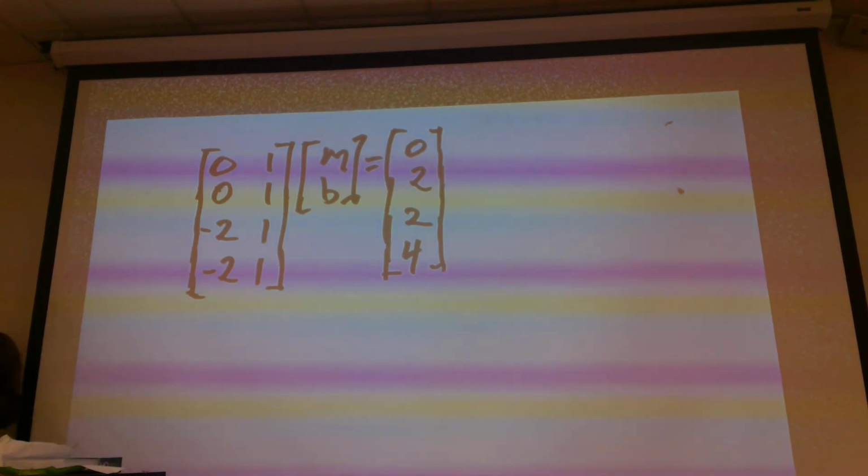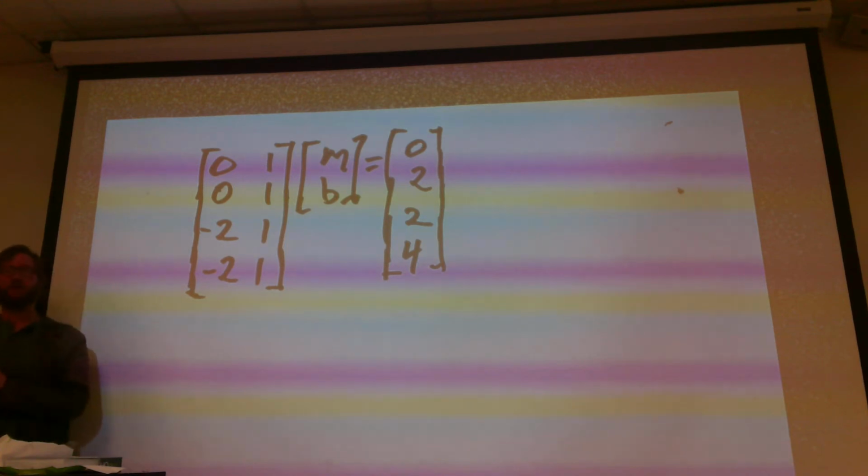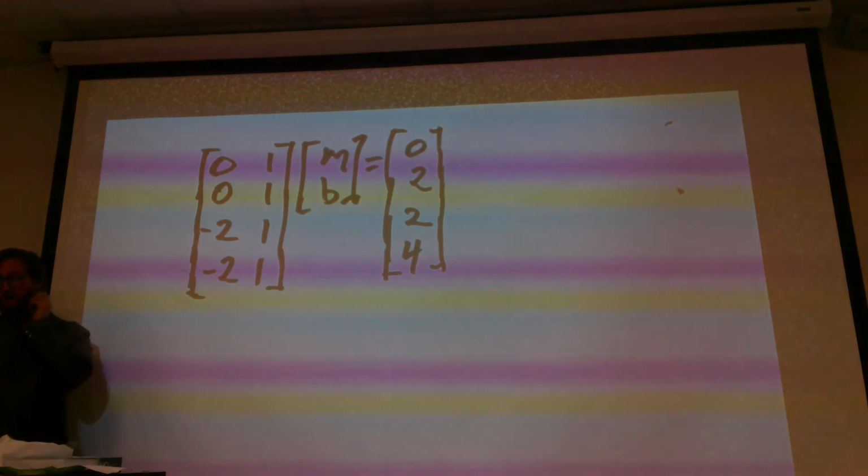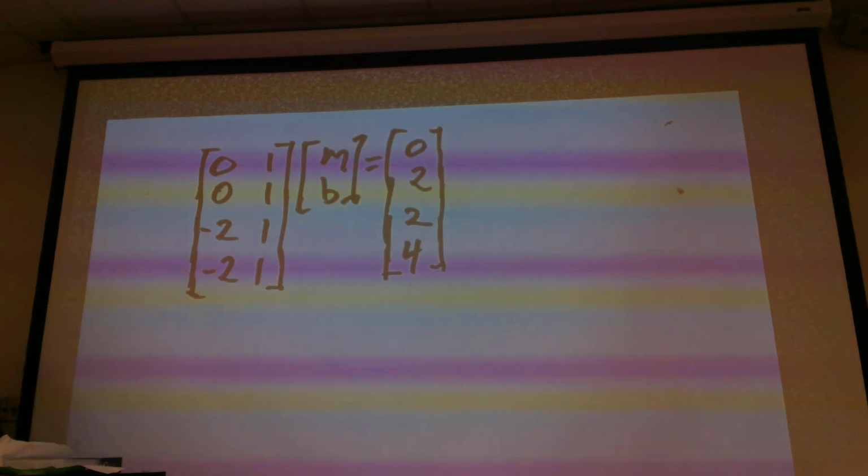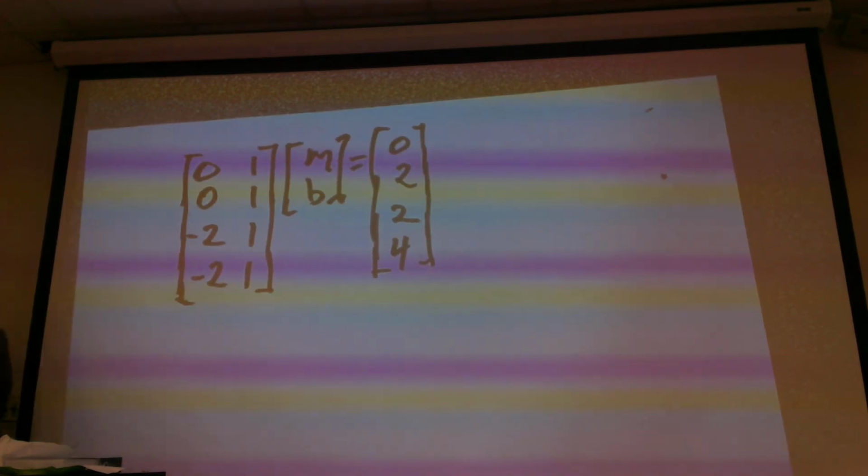So the question becomes, how do we solve this system for m and b? I mean, it seems like there wouldn't really be an answer. Well, we have the trick that we've been using. Let's multiply by the transpose. Okay. So you have to multiply both sides of the problem by the transpose.